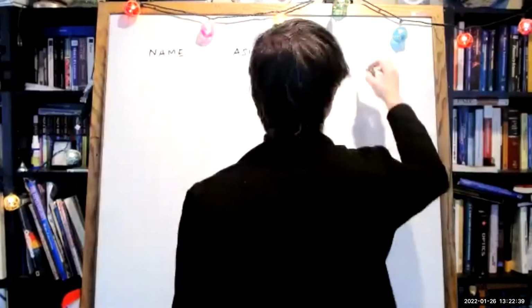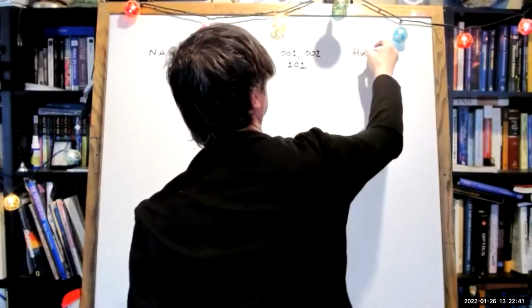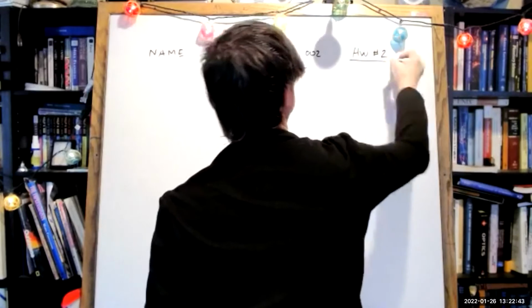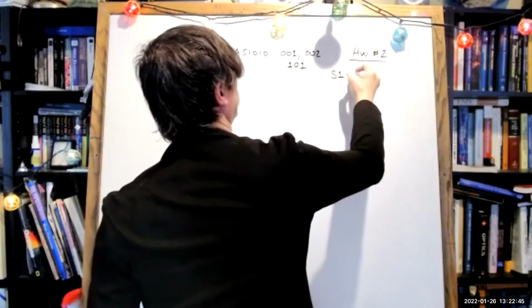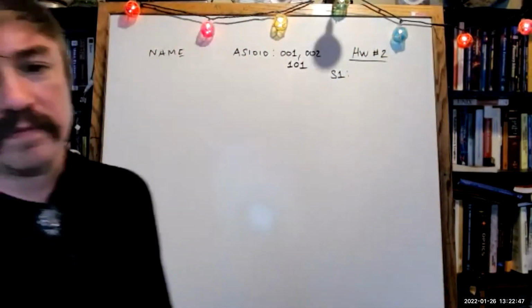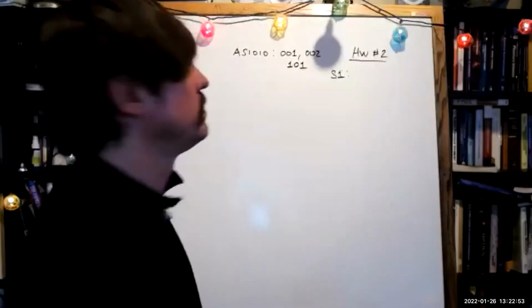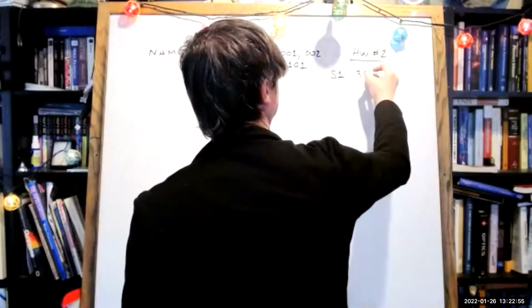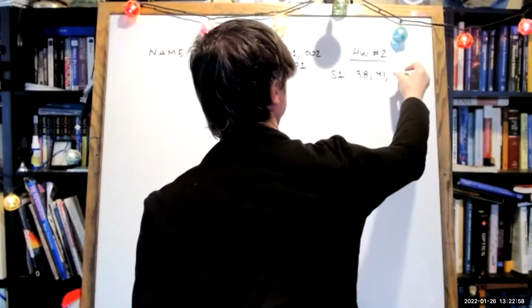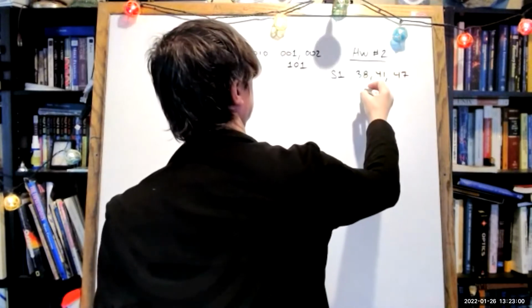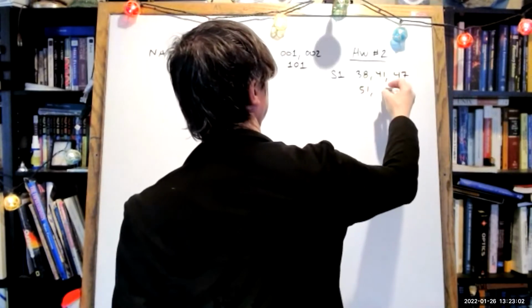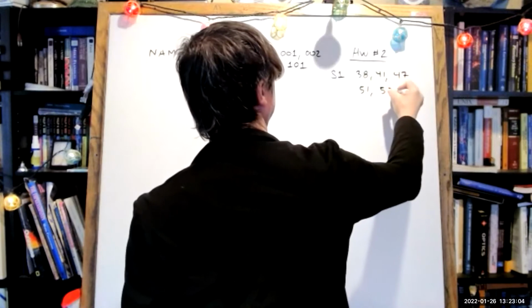So just put one of those. This is homework number 2. Don't forget to label that. And from chapter S1, what are our numbers, students? 38, 41, 47, 51, and 53 A to C.